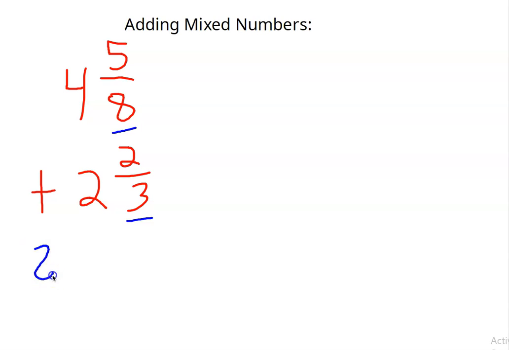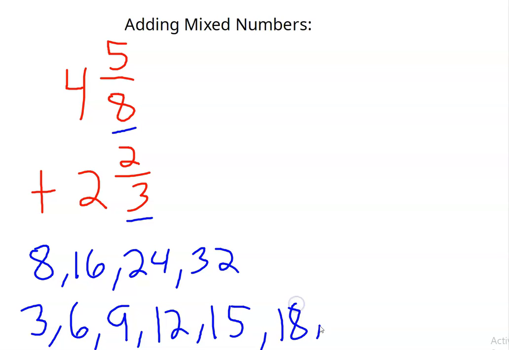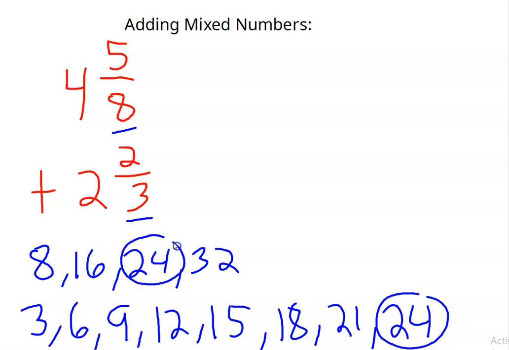So I'll list my multiples of 8: 8, 16, 24, 32. And then I'll do the same with 3. See if I get one of these. 3, 6, 9, 12. Nothing yet. 15, 18, 21, 24. So I see 24 is in common.